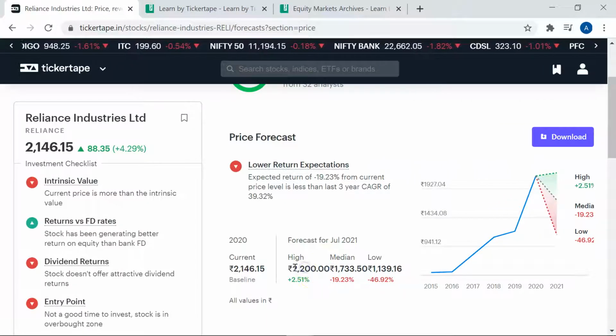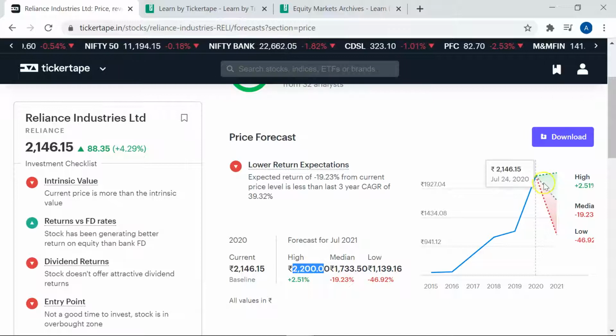So I don't think that a price increase of only 100 rupees in the next 1 year is going to happen. It is showing this because it is using the past data, the last 20 years, last 5 years data. In the last 5 years, the stock never went greater than 2000 rupees.